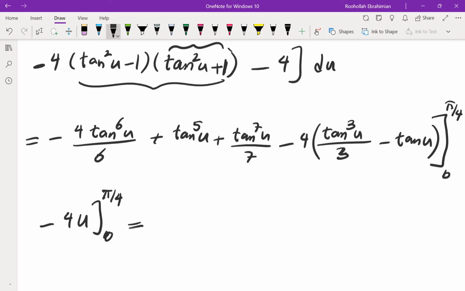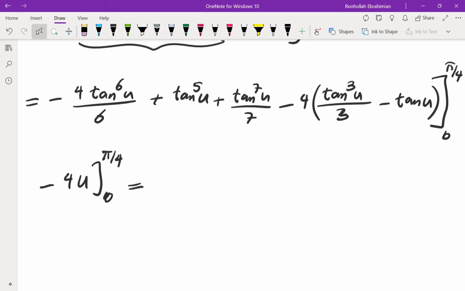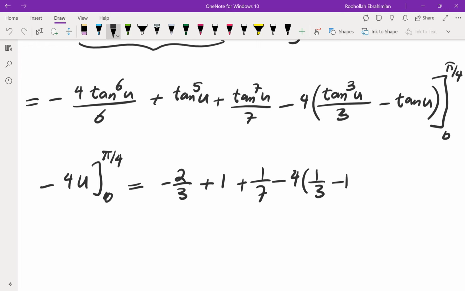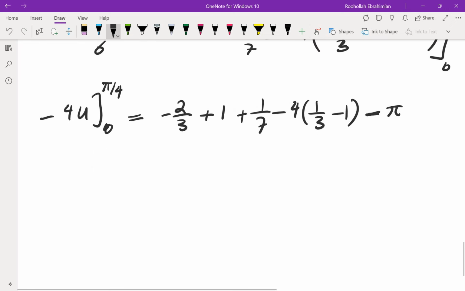Okay, so we're really almost there. Plug in pi over 4 here, we get negative 2/3 plus 1 over 7 minus 4 times 1/3 minus 1. Plug in 0, we get all 0, and then minus pi. Okay, so this is pretty easy now to calculate.